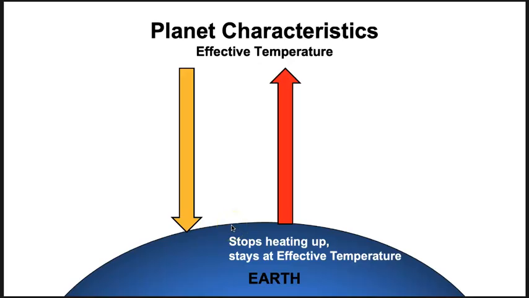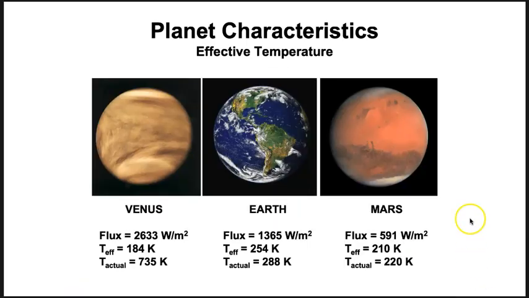There's more to a planet than just a rocky surface that can absorb some heat. What else do Venus, Earth, and Mars have besides a rocky surface? They've got an atmosphere. And so that's going to add a wrinkle to our calculations here.